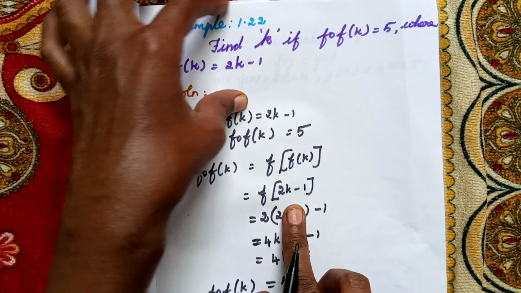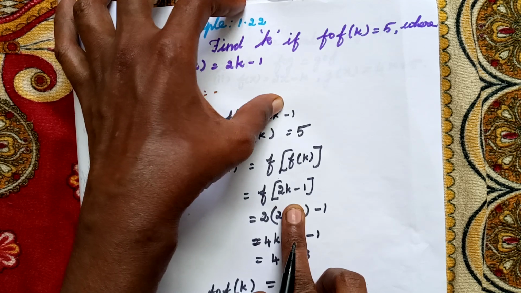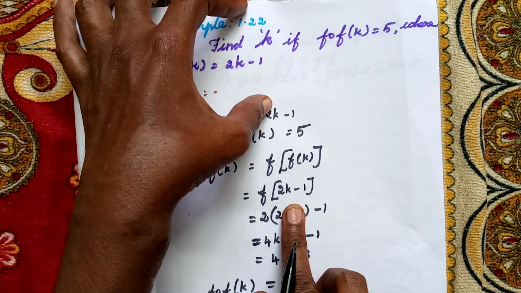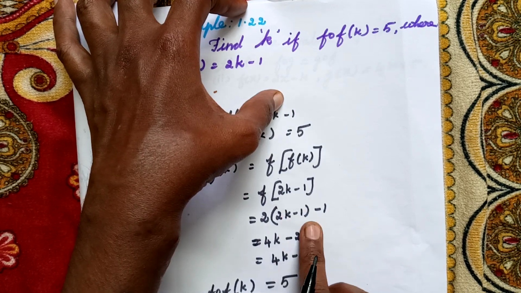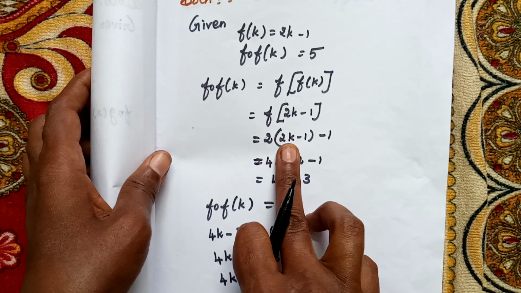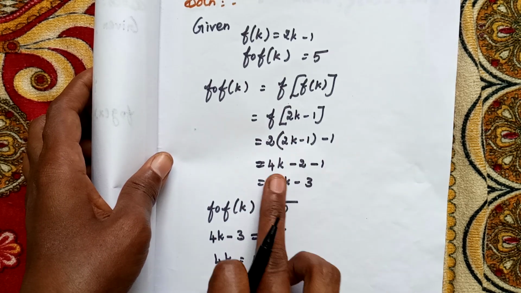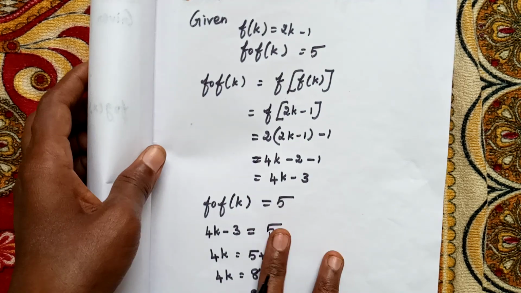F of 2k minus 1 means 2 into 2k minus 1, minus 1. 2 2s are 4, 4k, 1 2 is 2, minus 2 minus 1 is equal to 4k minus 3.